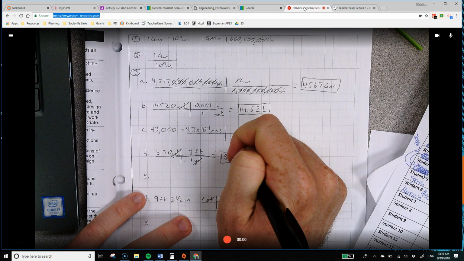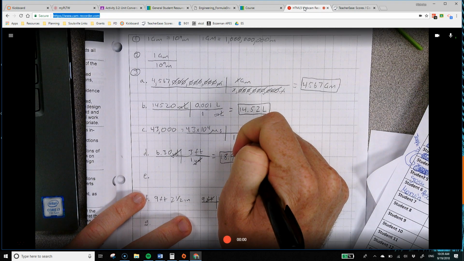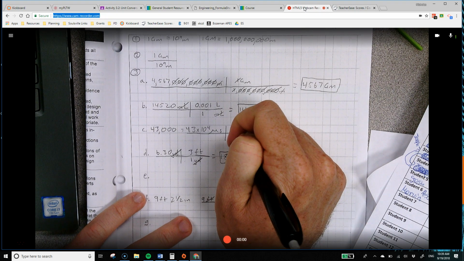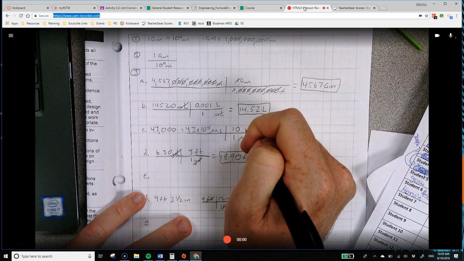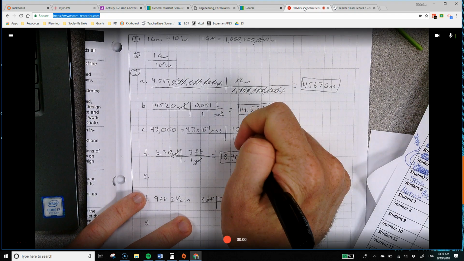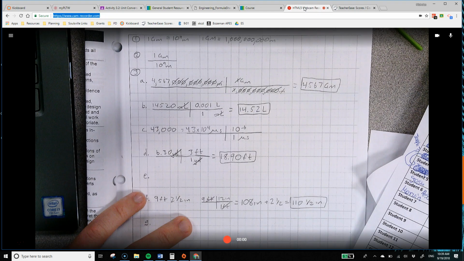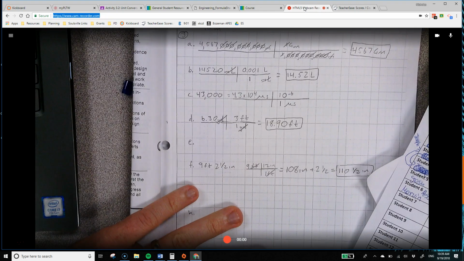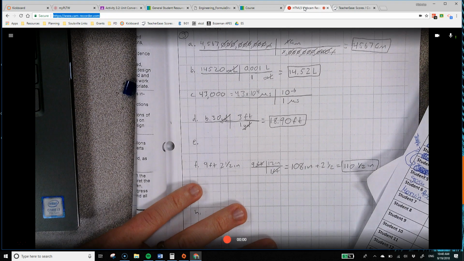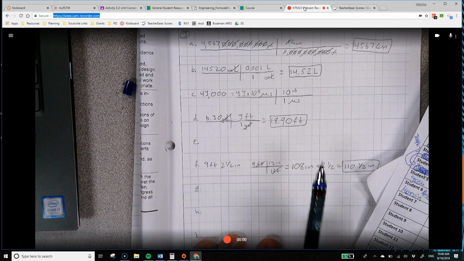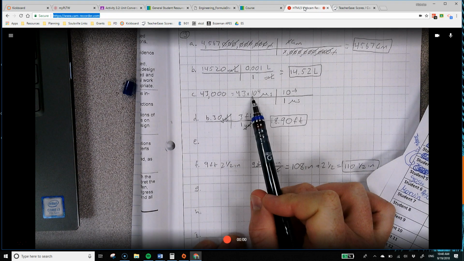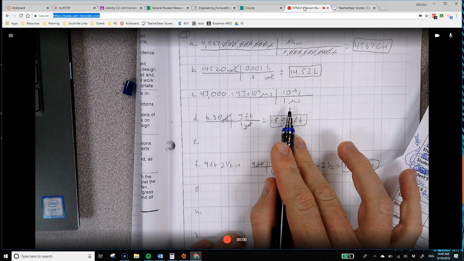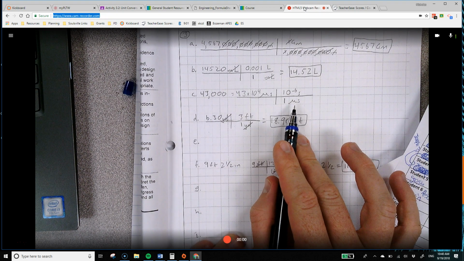For my conversion, I should have 1 microsecond on the bottom. What was the conversion for a micro to second? 10 to the minus 6. All right, so I should have 4.3 times 10 to the 4th microseconds, then 10 to the minus 6 seconds over microseconds.